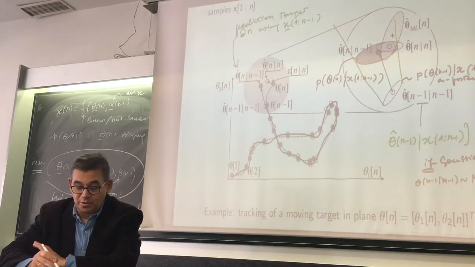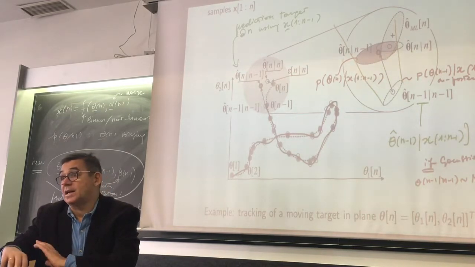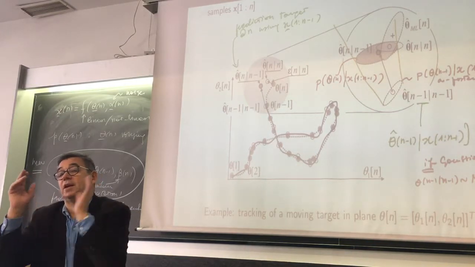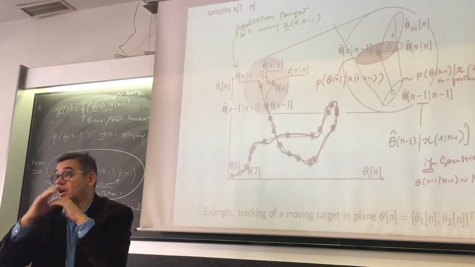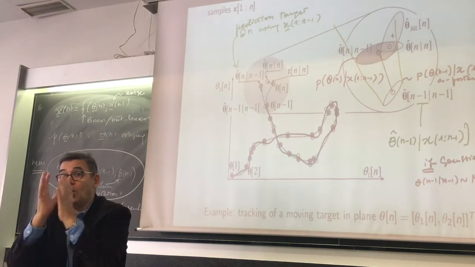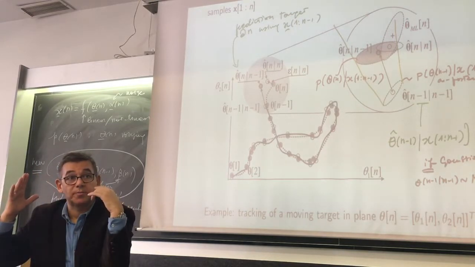Now, what's happened if I make a measurement? We remember that if I make a measurement, the a posteriori probability density function, I expect it to be smaller, so more concentrated, than the a priori.